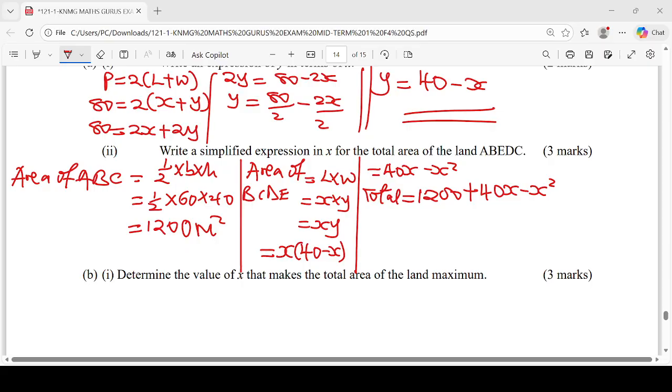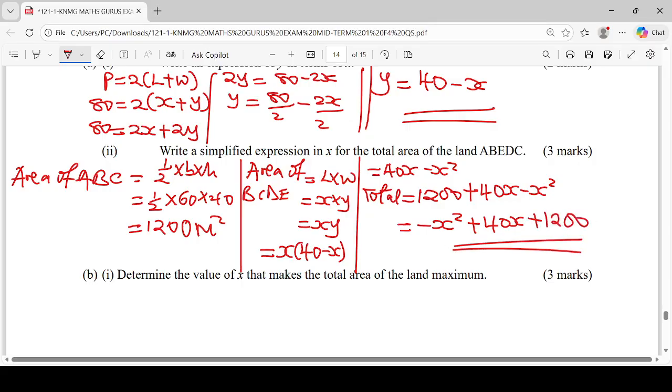You now realize what we've written here is the area in terms of x. Let me rewrite it as a quadratic: negative x squared plus 40x plus 1,200. That is the expression.